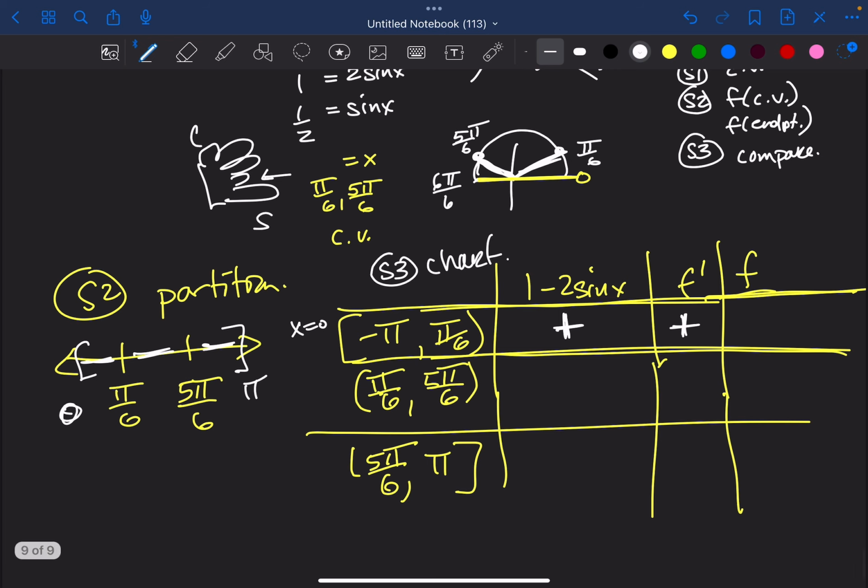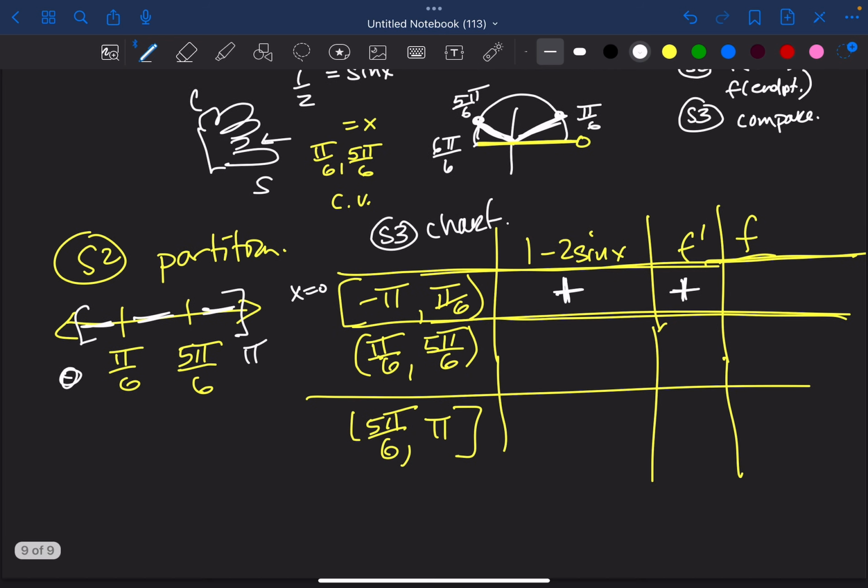Let's plug in something in this interval. Well, you see that pi's in there, which is great. Again, sine is going to end up being 0 in there. So here I'm going to do x is equal to pi, which is okay because it's closed. And so we get positive, positive, which is happy, yes.